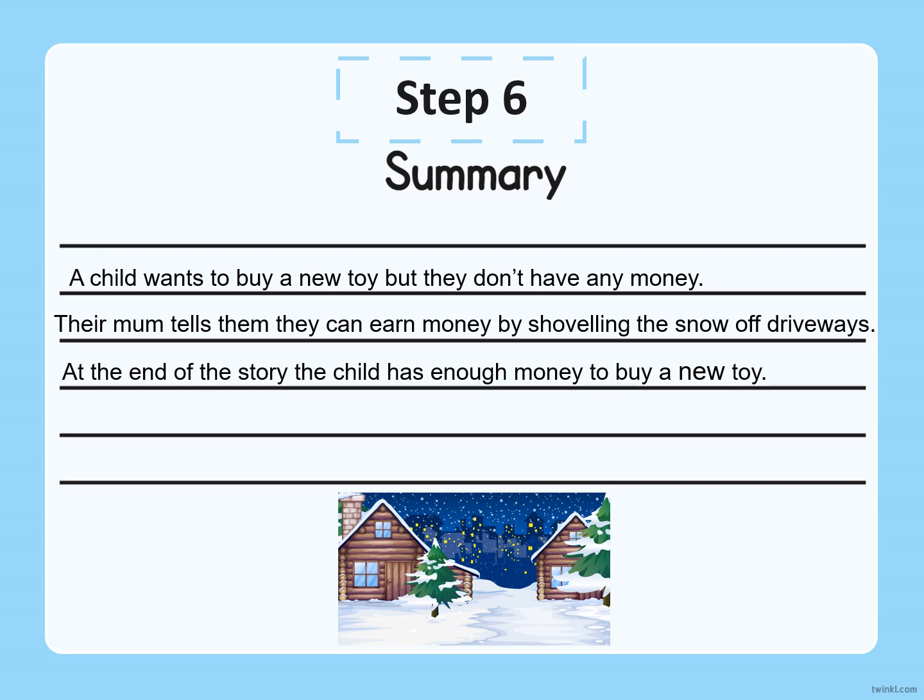So the summary for this text that we're looking at now, the shoveling snow, would be something like: a child wants to buy a new toy, but they don't have any money. Their mum tells them they can earn money by shoveling the snow off driveways. At the end of the story, the child has enough money to buy a new toy.